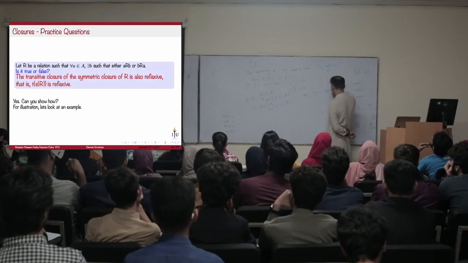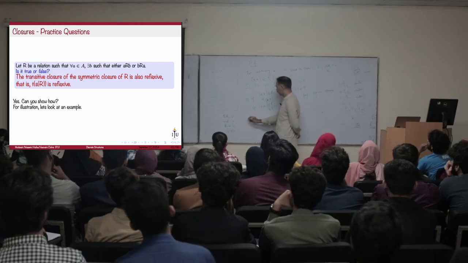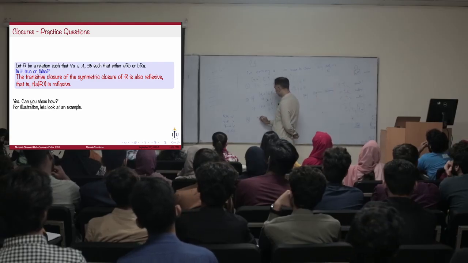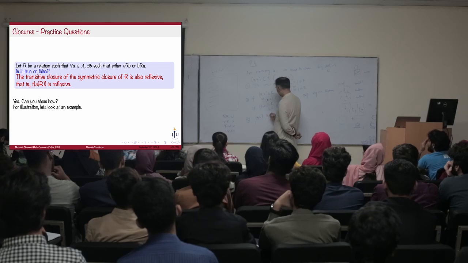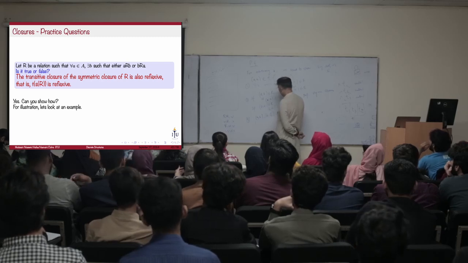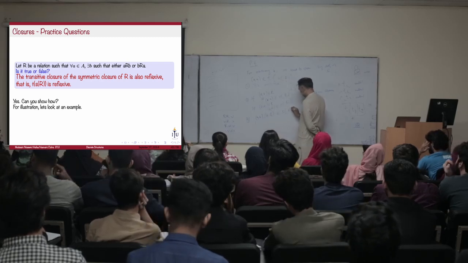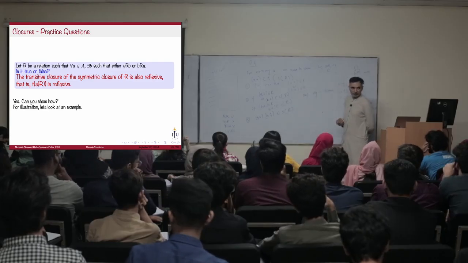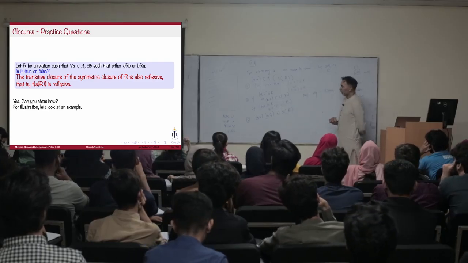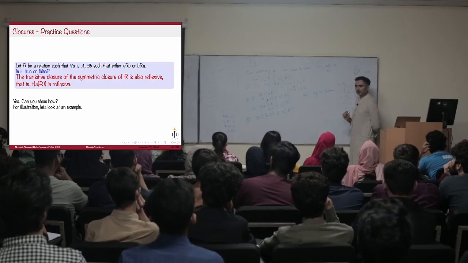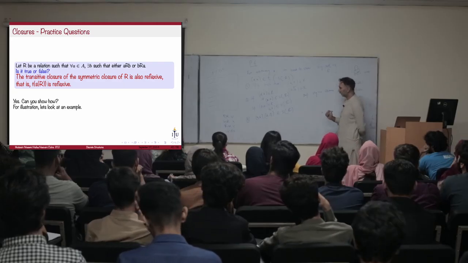So from 2 we know that both (A, B) and (B, A) are in the symmetric closure of R. Are we good? Any complaints here? No? Okay, cool.